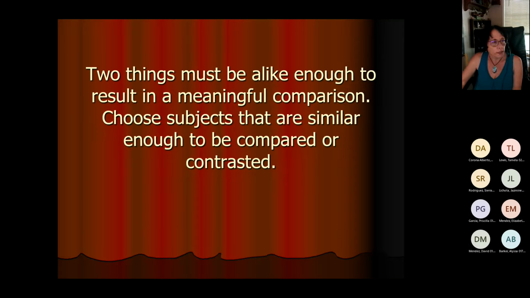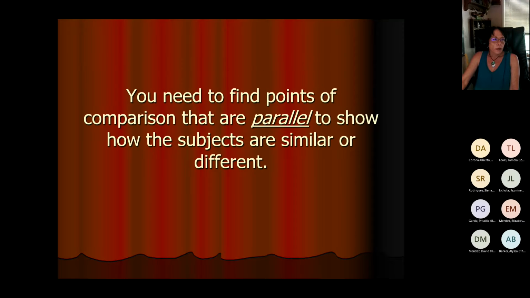So this says when you're choosing subjects to compare and contrast, you have to make sure they're alike enough to actually compare things. You don't have to worry about this because the topics are alike enough to compare. And points of comparison. And I'm just going to kind of go over this briefly. It's better to talk about this and look at it with an example in context.